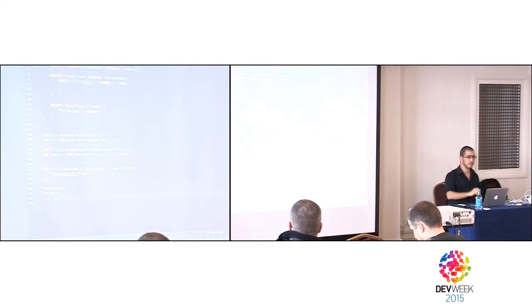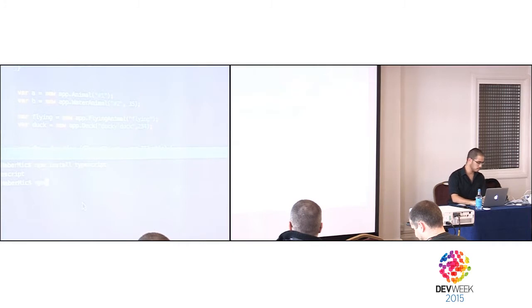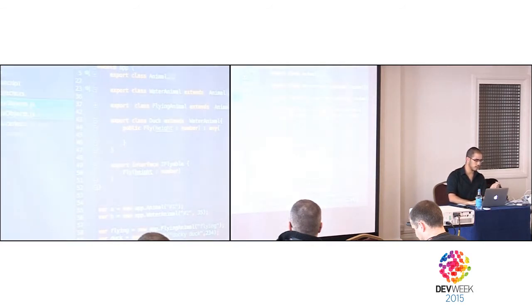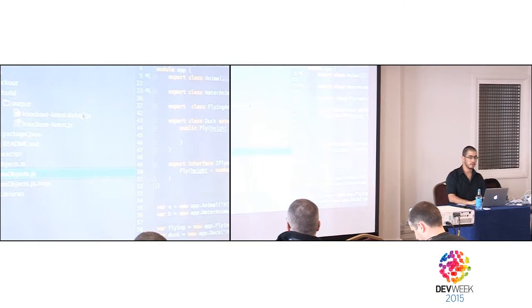The first thing we're going to do is download Knockout. Again, npm is your new friend, and you say that you want Knockout. That gets us Knockout. You can see Knockout has two files: a file for debug, and a file for production.